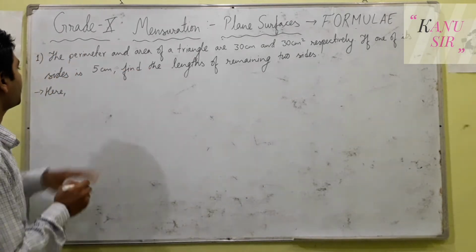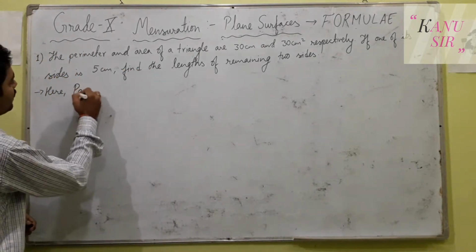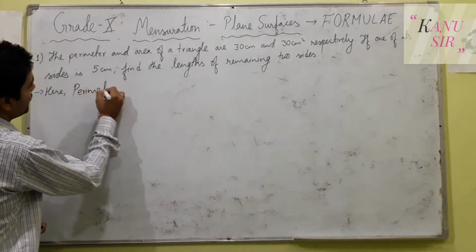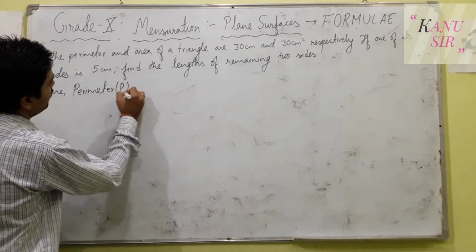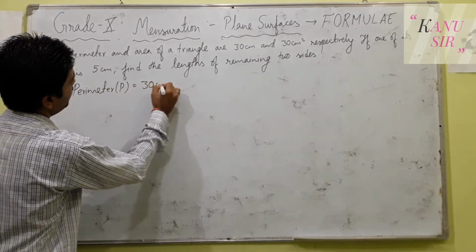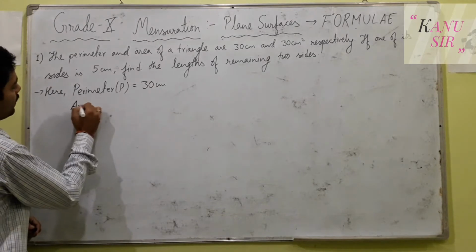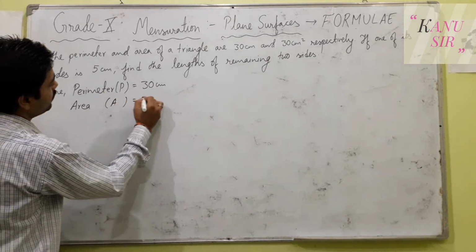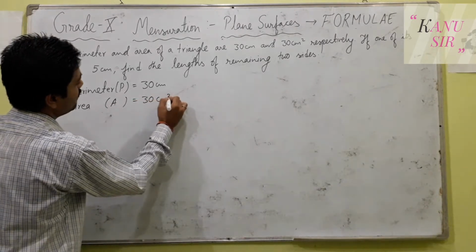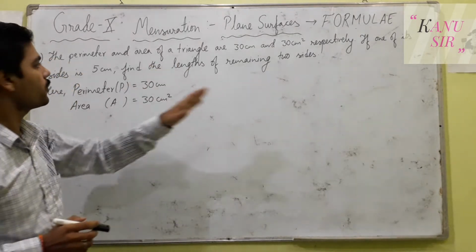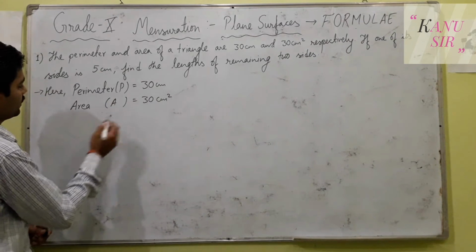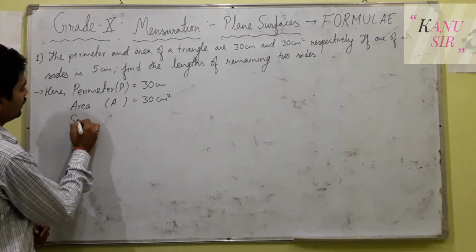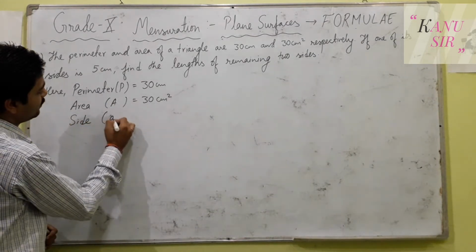Let us write in the given: the perimeter P is equal to 30 cm and the area of the triangle A is equal to 30 cm square. And if one of its sides is 5 cm, let us denote it by small a.